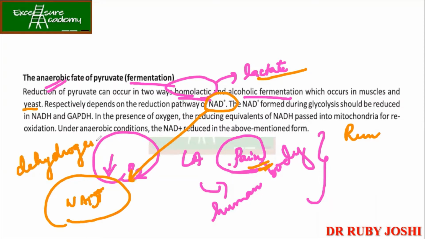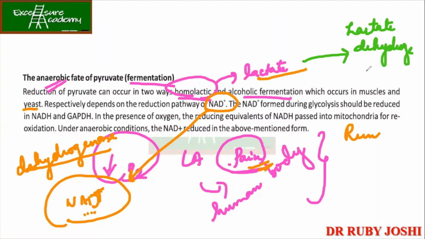I have mentioned many times, जहाँ भी आपका dehydrogenase रहेगा वहाँ पे आपका NAD+ रहेगा. So if you talk about lactic acid, what will be the name of the enzyme? It is going to be lactate dehydrogenase, right? LDH. Similarly, for alcoholic fermentation, the name of the enzyme may be then simple.